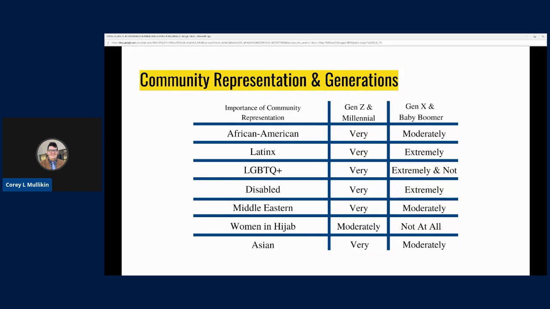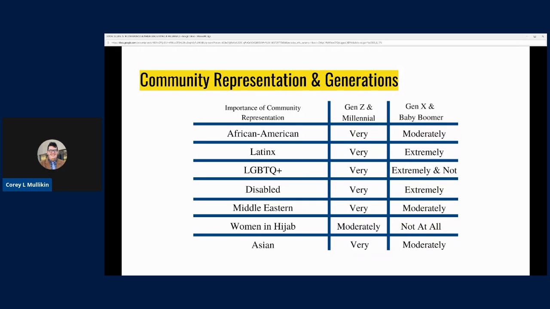When we looked at these results, we saw that Gen Z and Millennial really said, regardless of who it is, very important that they are represented. Now, women in hijab was kind of moderate, and I think there is still a bit of hesitancy there.